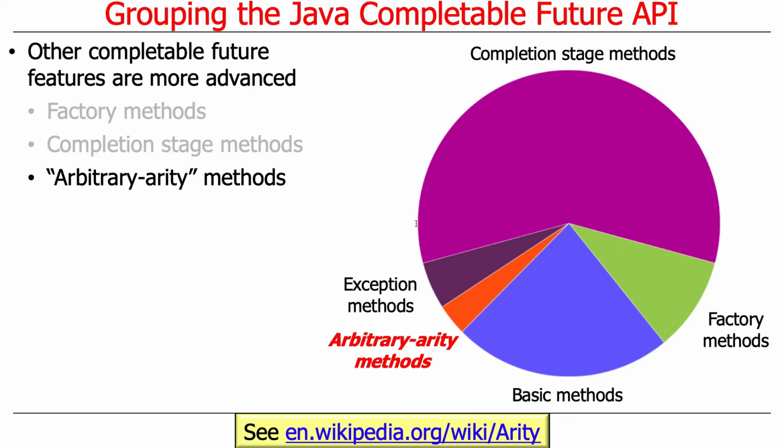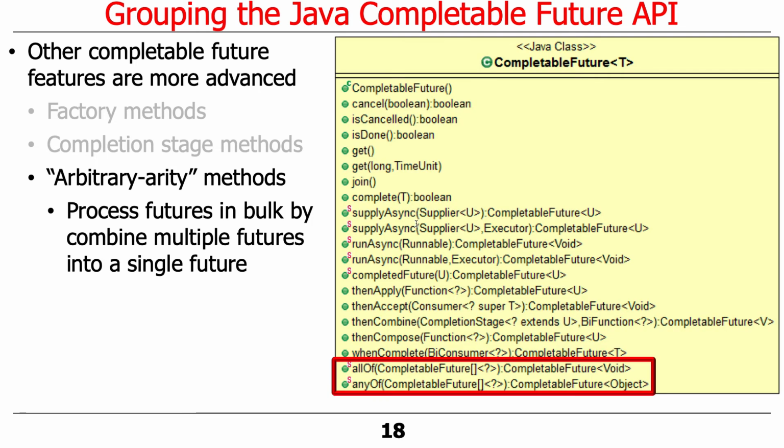So as you might expect, an arbitrary arity method can take as many or as few parameters as you want it to take. Now, obviously, it helps to at least give it 1. But usually you're giving it a bunch of them, like an array of them. And these 2 methods, called AllOf and AnyOf, allow the Completable Futures framework to process a bunch of completable futures in bulk.